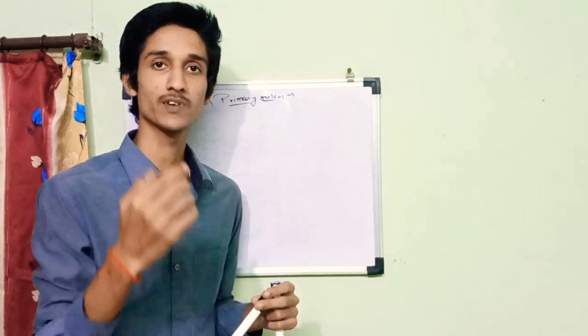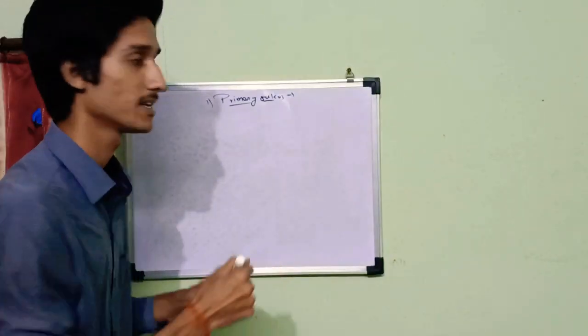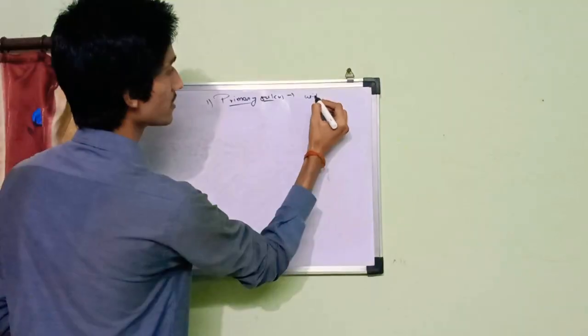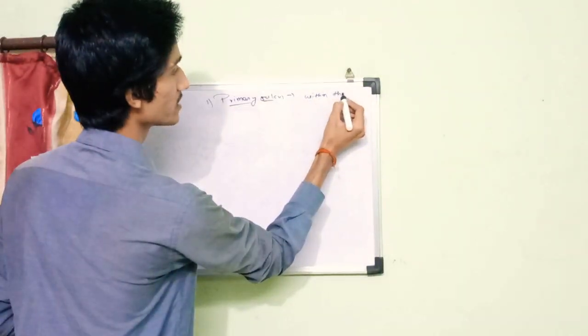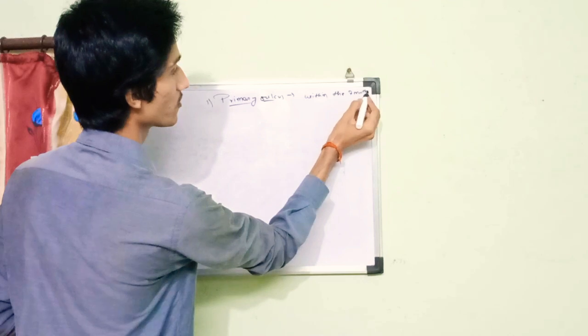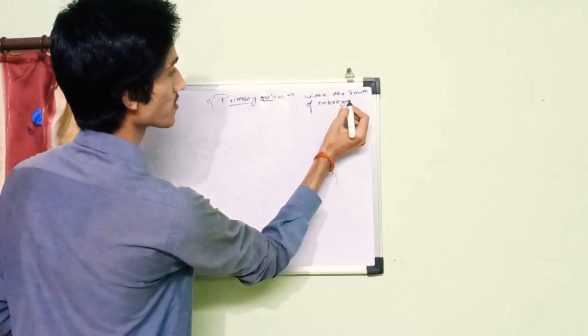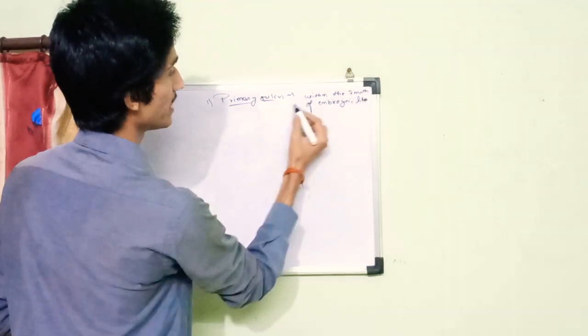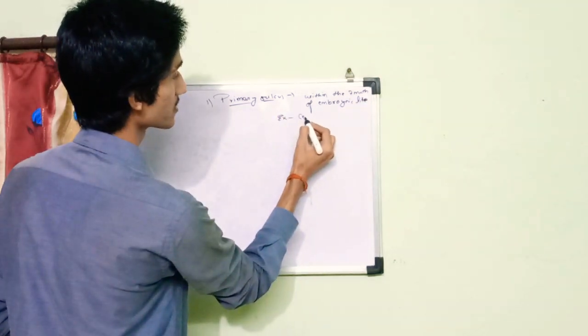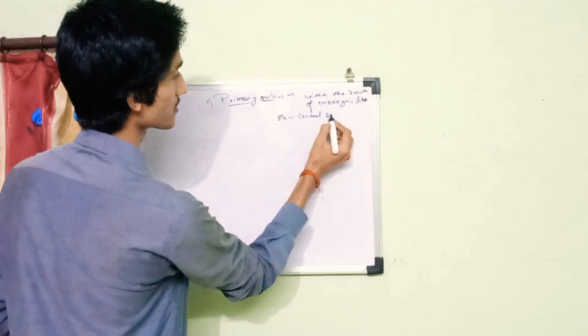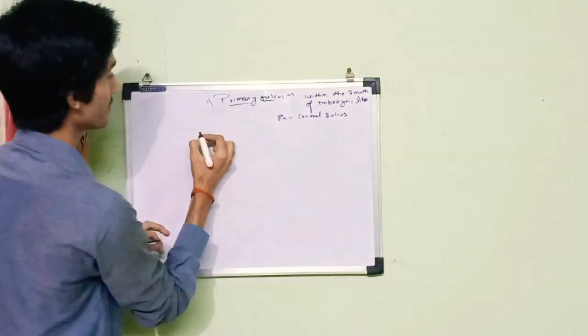Within the seven months of embryonic life, the first sulcus to develop is the primary sulcus. Its example is the central sulcus. So it is the primary sulcus.